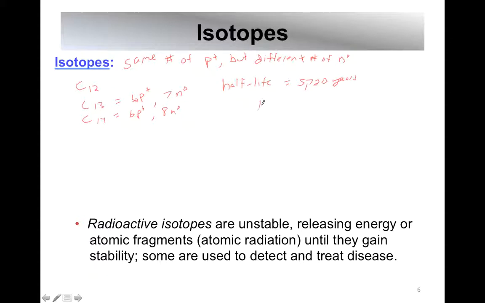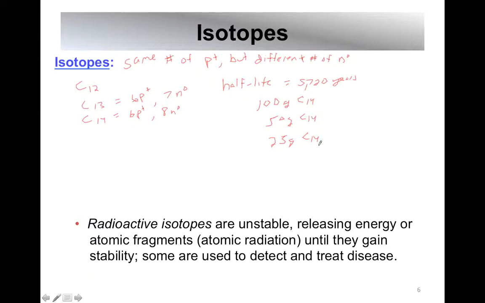So let's say, as an example, we started with 100 grams of carbon 14, which we're just doing for illustrative purposes. After 5,720 years, so one half-life, we'd have 50 grams of carbon 14. And then after another 5,720 years, we'd have 25 grams of carbon 14. So the half-life is just how long it takes to break down.